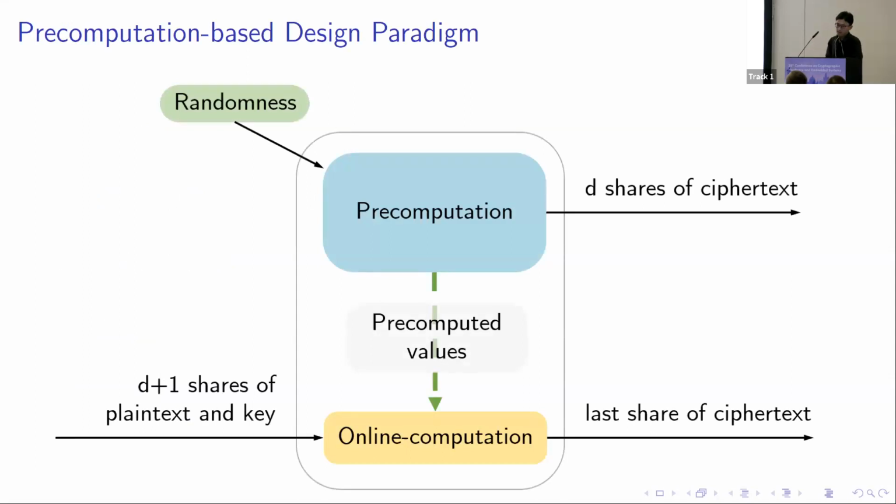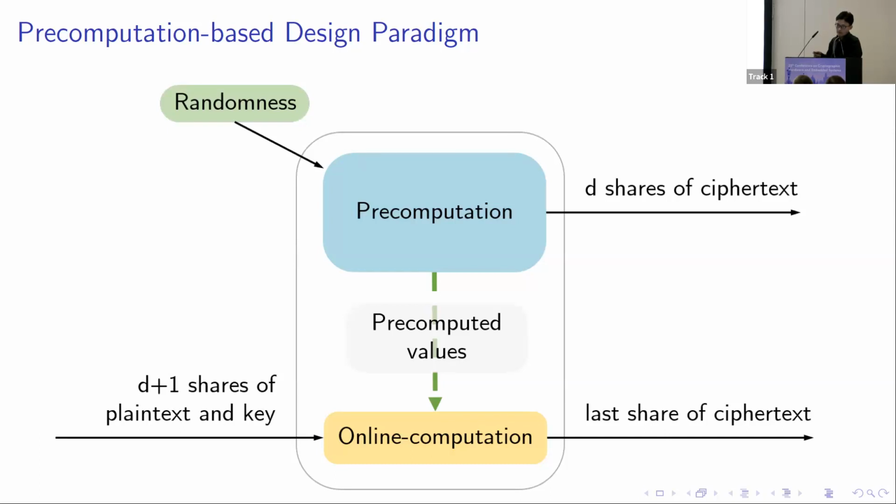Now let's look at the pre-computation-based design paradigm used in our scheme. Typically, a process of masking encryption is inseparable, requiring input data from the initial state. But our paradigm ensures that most intermediate variables are determined only by randomness. The whole process is composed of 2 phases, the pre-computation phase and the online computation phase.